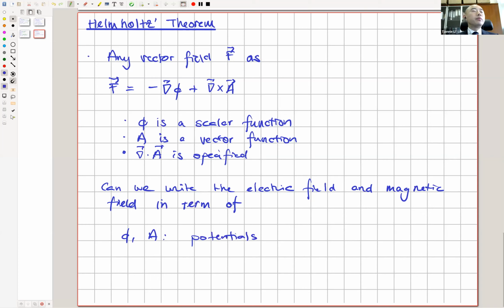The reason why they're called potentials will be clear in a moment. It's something that you probably have seen in 2041 as well. But for our sake, it's something that basically generates or specifies a particular vector field.